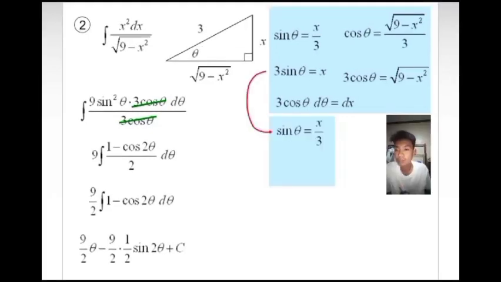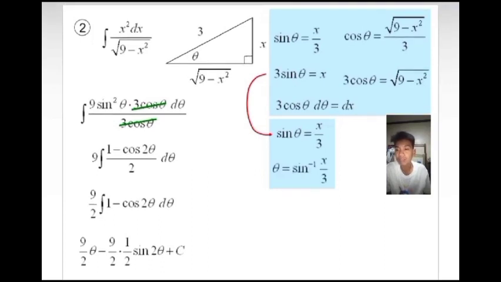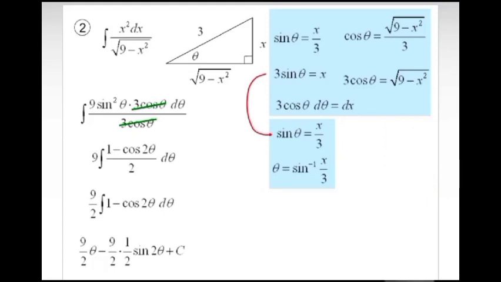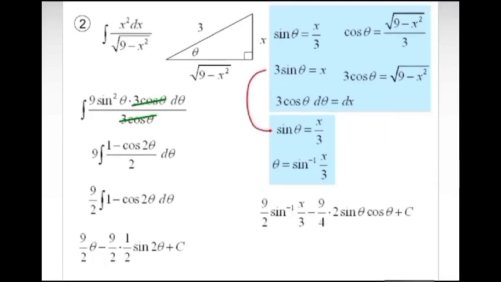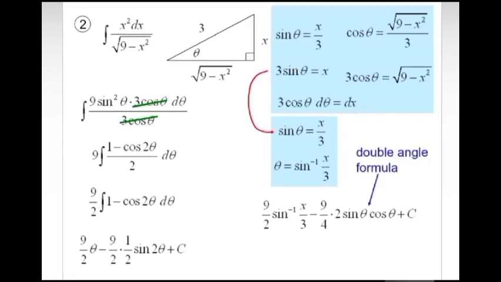Sine theta is equal to x over 3, so theta is equal to arc sine x over 3. Now we have the value of theta. Then 9 over 2 arc sine x over 3 minus 9 over 4 times 2 sine theta cosine theta plus c.